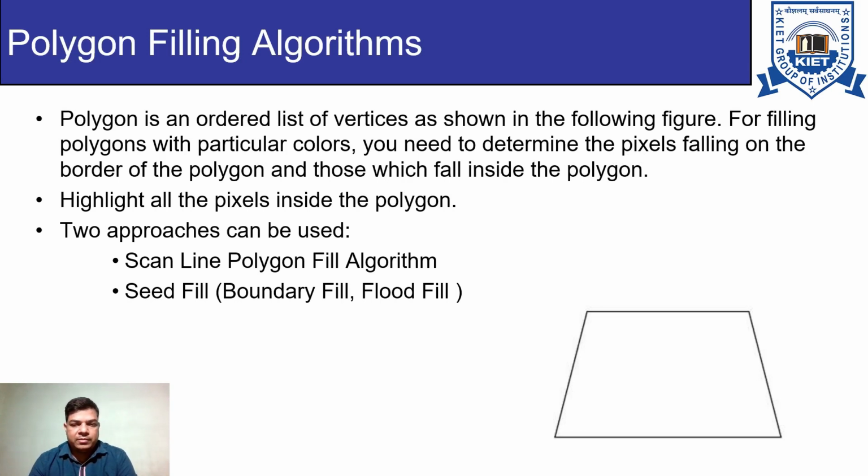For example, if you want to fill this polygon, then we have to identify all those pixels which are lying inside this area. If we are able to activate all those pixels, then we can say that we have filled this polygon. That means we have to highlight all the pixels inside the polygon.